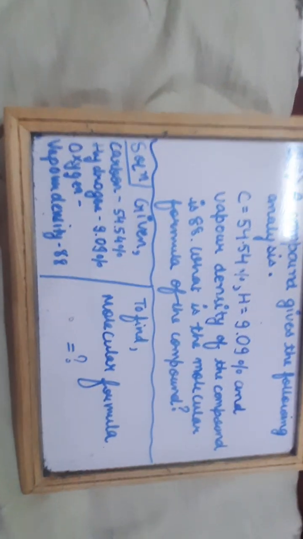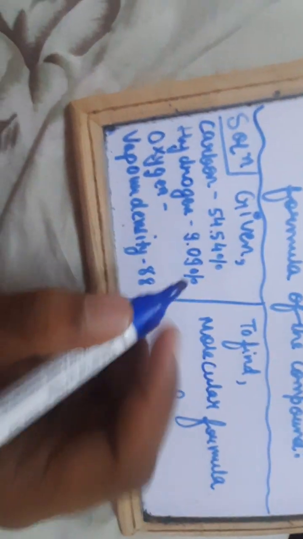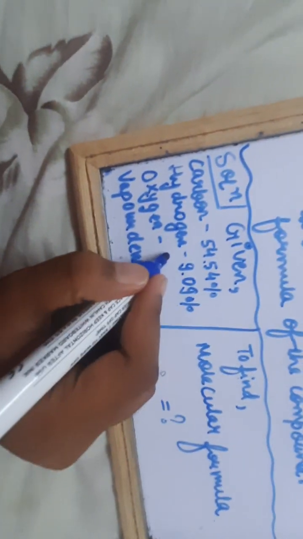It means we still have something left, and we know that if vapor density is given, then there must be oxygen. So oxygen is 36.37%.